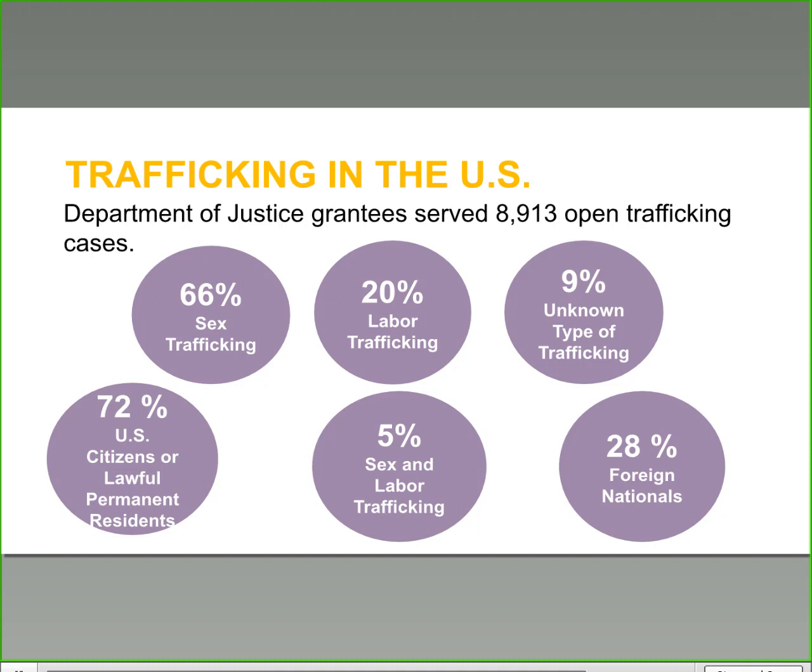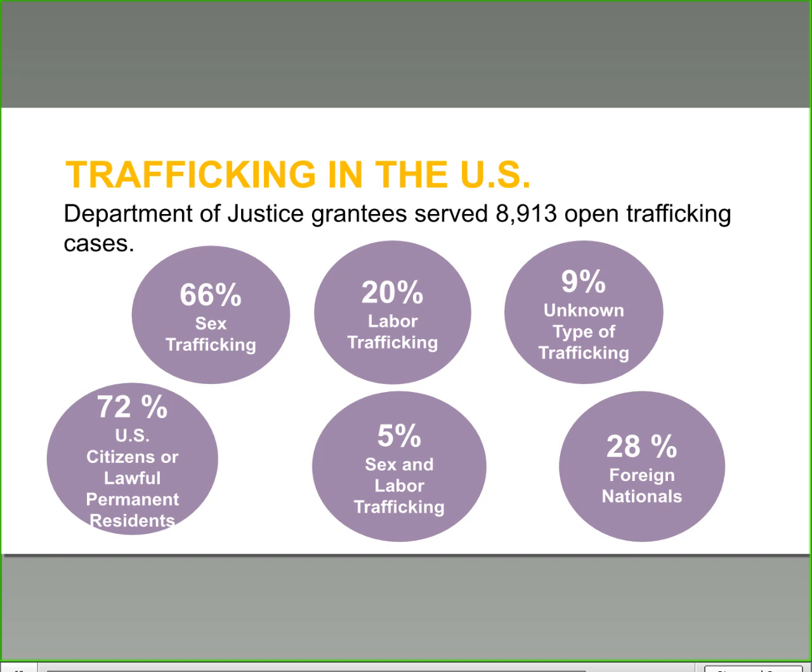Okay, so again, the Department of Justice provides grants and money to various human trafficking programs to provide human trafficking services. And so the breakdown here, this data set is from July 1st, 2017 until June 30th, 2018.